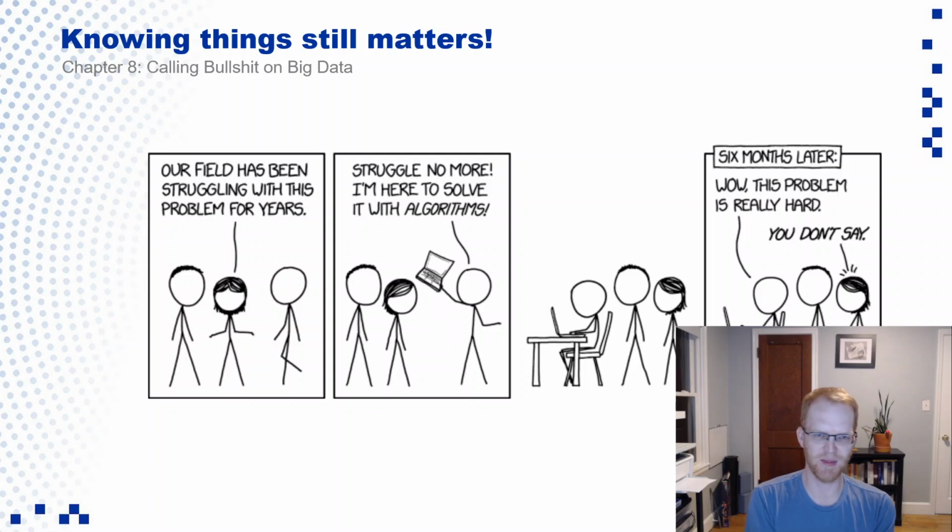I do not think there will be a time in the near future where it's just going to be, oh, well, we've got the data, the machine's going to give us all of the answers, right? These problems are still really hard, and they still require a lot of time and effort to figure out and to really get into the weeds of and be able to say something useful.